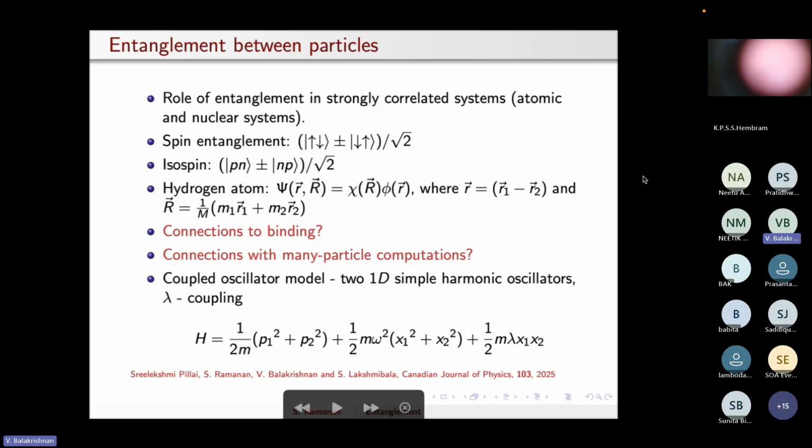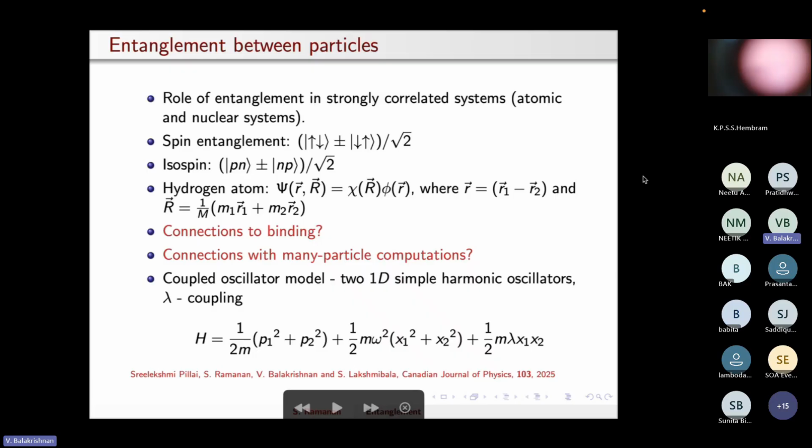The total spin s equal to 1 is the triplet and s equal to 0 is the singlet. But what's important to note is that the triplet has entangled as well as separable states. The states corresponding to s equal to 1, ms equal to plus 1 or minus 1, can be written as completely separable states in terms of the uncoupled spins.